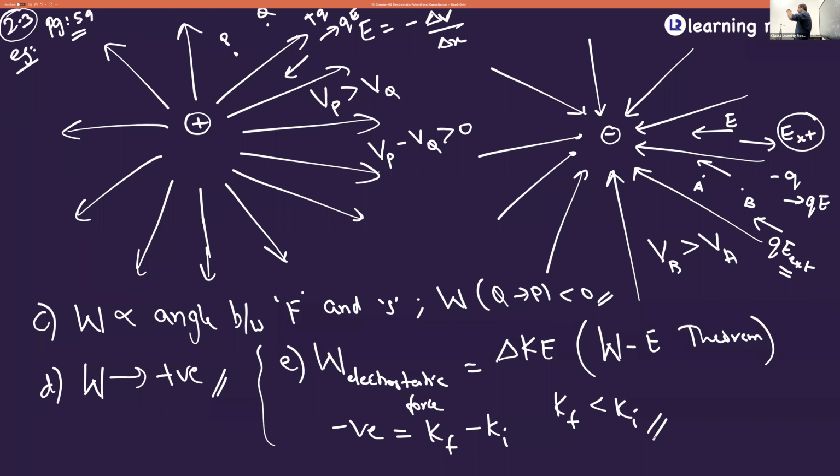What will happen? With the energy that you have given, it will try to travel. But as soon as it comes closer, the amount of repulsion it will experience will be more. It means there will be one particular instance where it will stop and then change its direction. So if something has to stop, what should happen to its kinetic energy? It should decrease or increase.